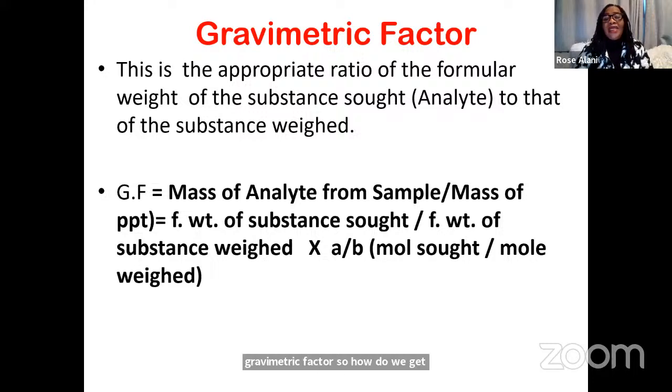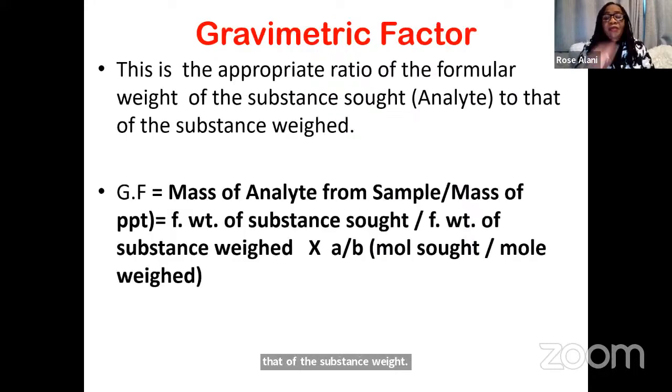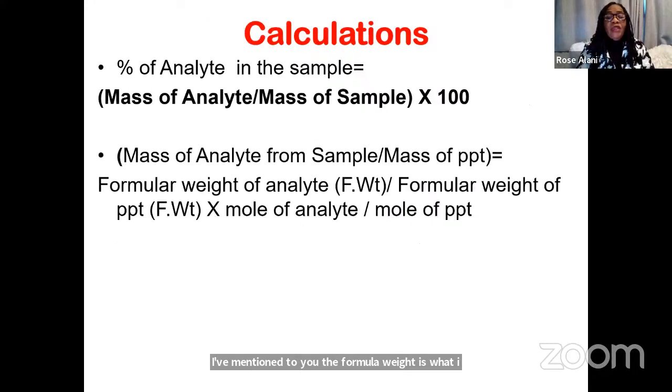It's the mass of analyte from sample divided by the mass of the precipitate. Then this equals the formula weight of the substance divided by the formula weight of the precipitate substance.